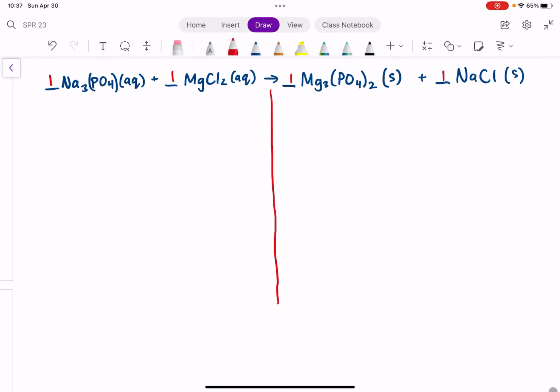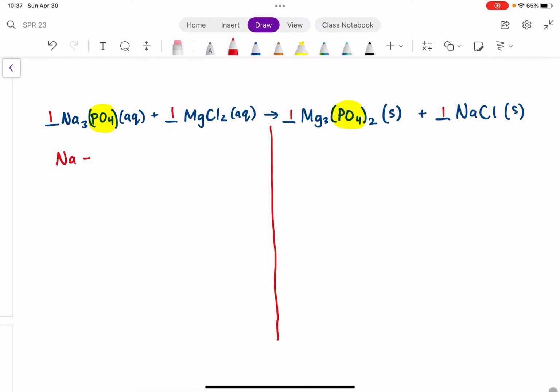We've got Na, which is sodium. And then what you'll notice is that this PO4, this phosphate, is the same on both sides. What do I mean by that? I mean that it didn't break up into two different things, right? We don't have phosphorus on its own or oxygen on its own on this side of the equation. It stayed just as phosphate. Sometimes you will have equations where, especially with oxygen, you might get an oxygen on some other species over here.